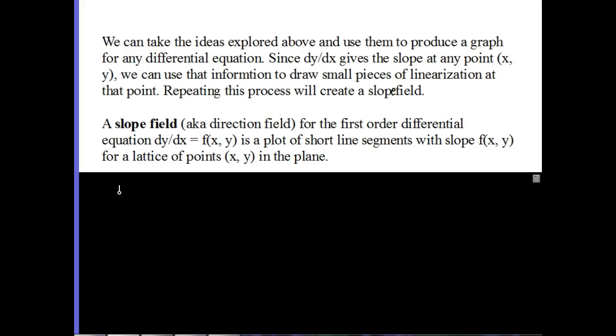On the derivative at the point (0, 1), what was the slope? Well, dy/dx at the cosine of 0 was 1. So you would draw a line segment at (0, 1) that had a slope of 1. Does that make sense? A little bit?